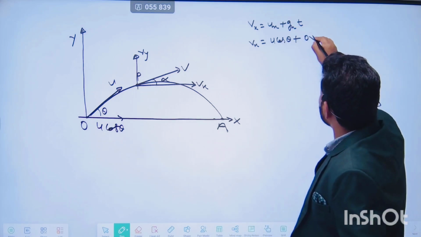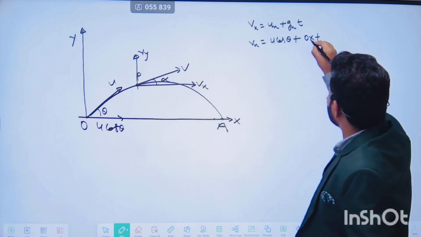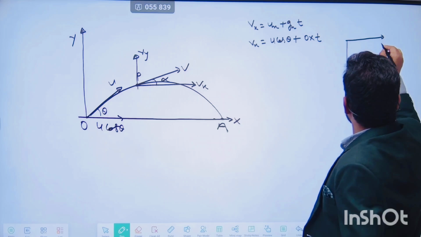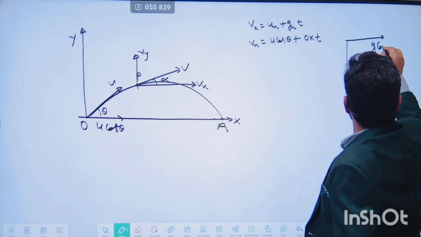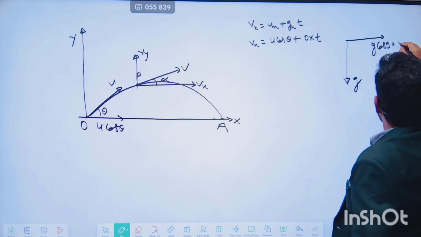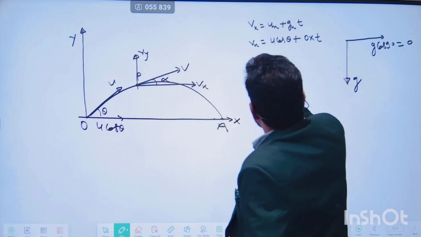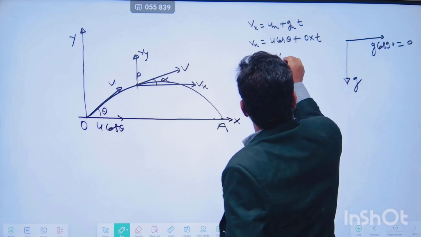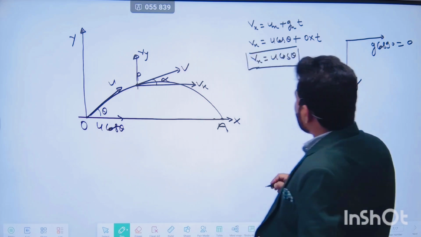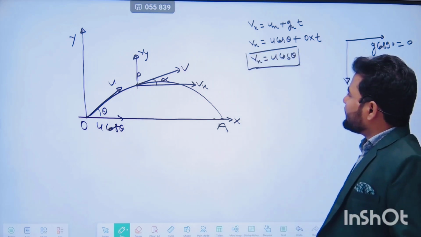What about Gx? We have discussed earlier that this is 0. Why 0? G is in the vertical direction, so the horizontal component of g is g cos 90, which is equal to 0. So putting it here, Vx is equal to u cos theta.